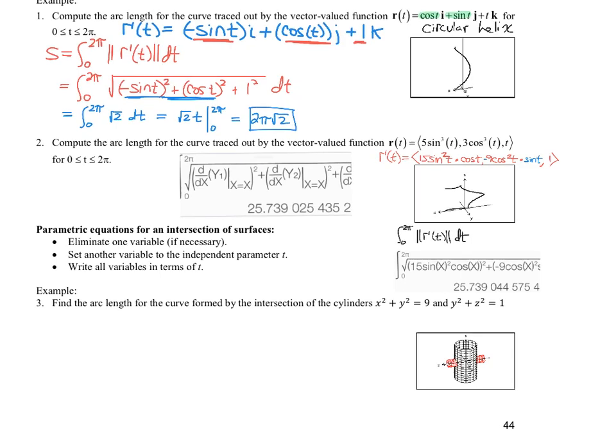All right. Now, number 3 is talking about the arc length for the curve formed by the intersection of the cylinders, this and that. So what that's telling me is that first I've got to find the intersection of the cylinders.